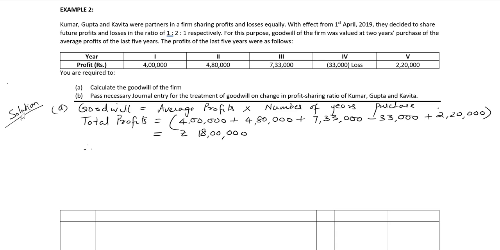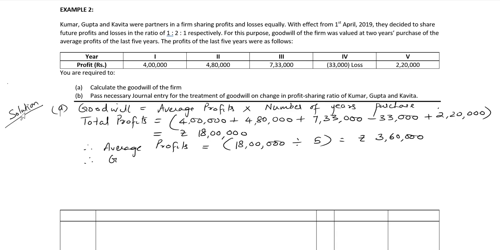Therefore, average profits is equal to total profits of 18 lakh divided by the number of years, simple average. Answer, average profits is equal to rupees 3,60,000.